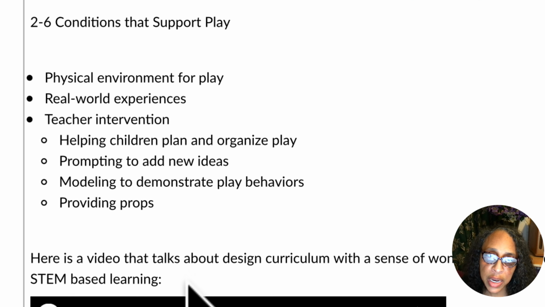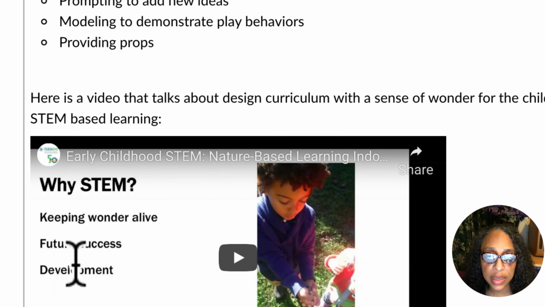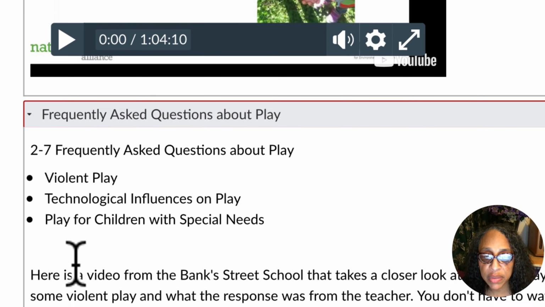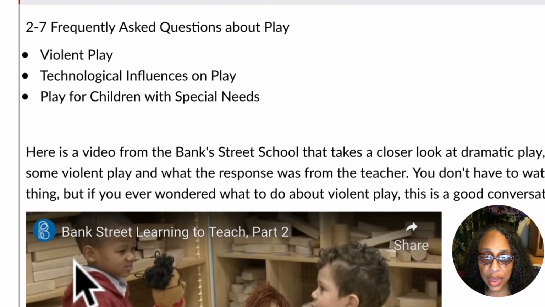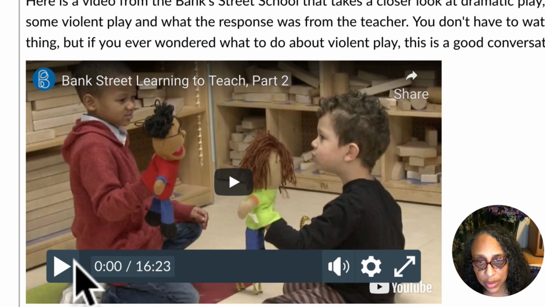And then here we're talking about what supports play. And the more open-ended toys that you can make available to children, the better. A lot of times they call that loose parts. And later, I think in the next page, I have the pictures of the loose parts books. Loose parts are just random things that children can use to fill up containers or bags, or they use them to count. They do all sorts of things with loose parts.